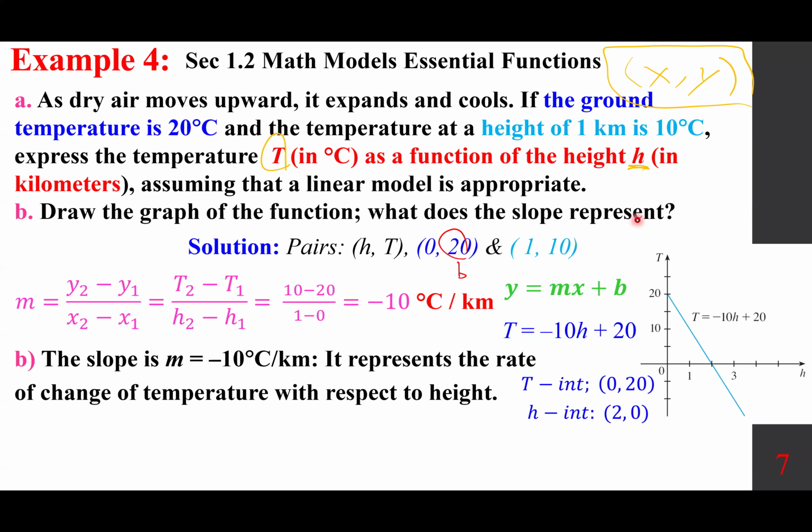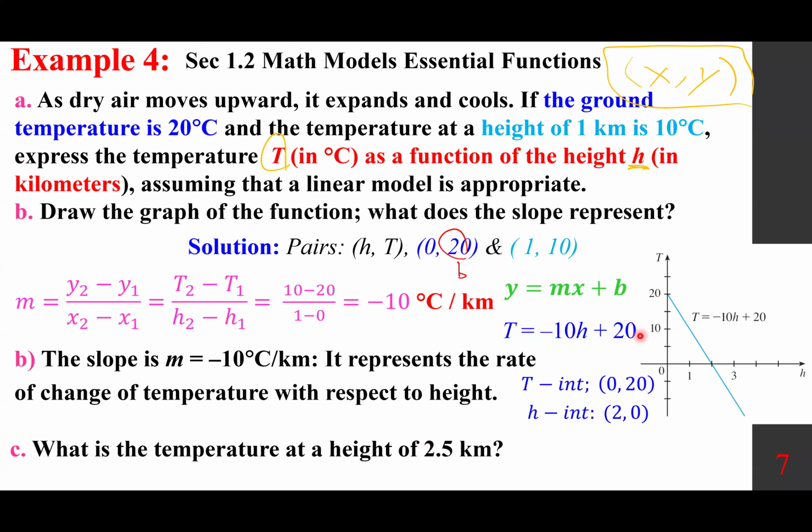So we did draw that, and we explained the slope. And by the way, instead of the y-intercept, remember we have the t-intercept, which represents the temperature at sea level, in essence, at ground level. What is the temperature at a height of 2.5 kilometers?